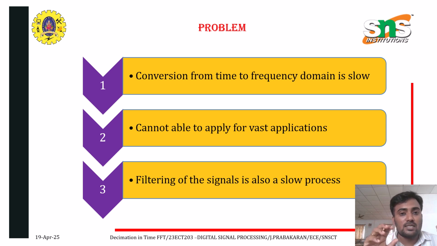Because of this processing delay when we are using DFT, we cannot apply it to many applications. Also, filtering of the signal is a slow process. So to overcome all these problems, we are going to use fast Fourier transform.